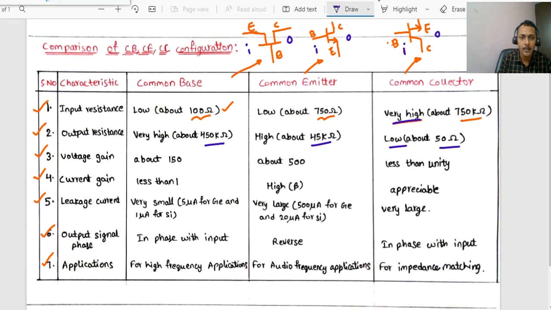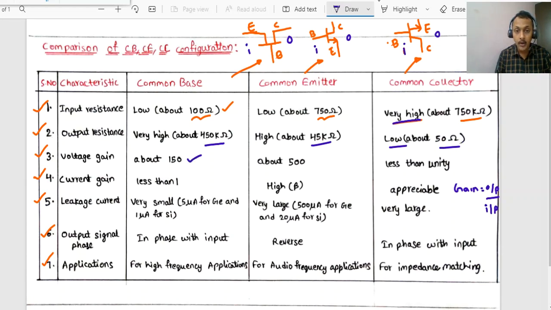If it is common base, the voltage gain, how do you define that? Anything related to gain is something related to output divided by input. If it is voltage, output voltage by input voltage. If it is current, output current by input current. So the voltage gain is about 150. How do you understand that?